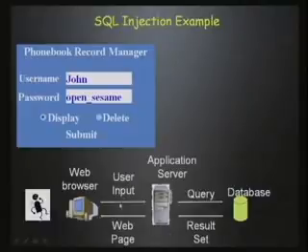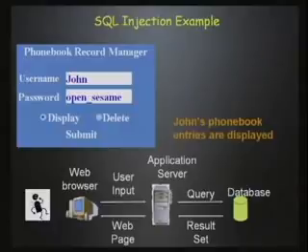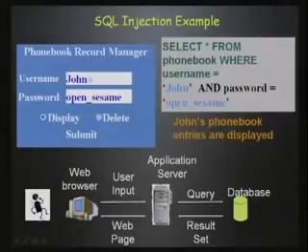So this is a simple web application that will illustrate some of the ideas that we're going to talk about today. Consider the case where the user enters his name John and password Open Sesame. The phone book application allows users to either display or delete their phone book entries. If the user chooses display, the phone book entries are displayed provided the username and password are right.